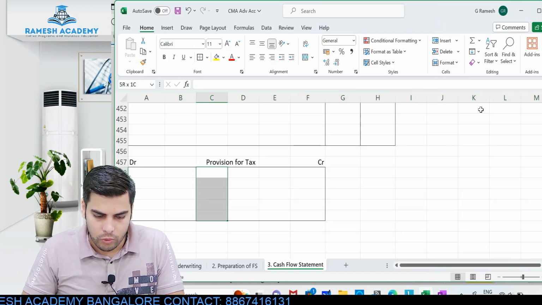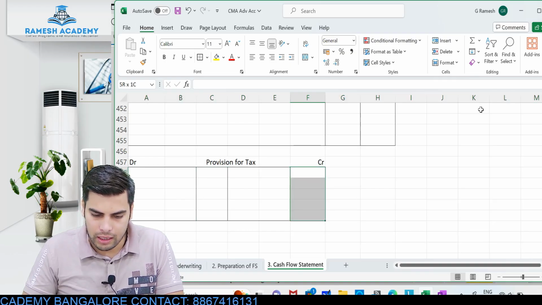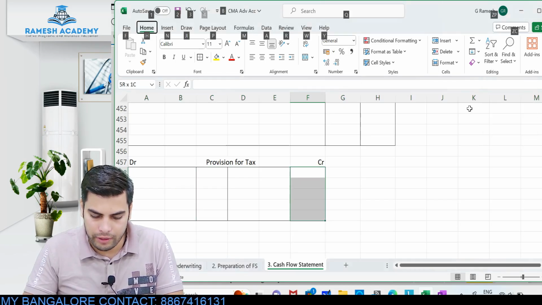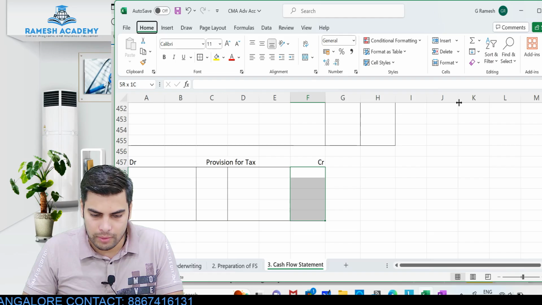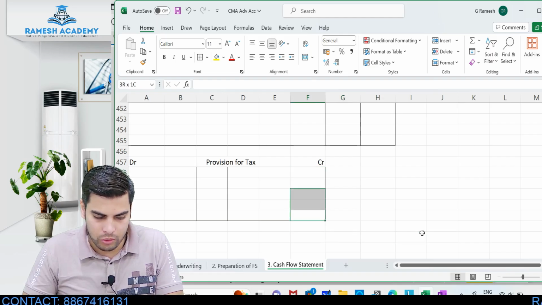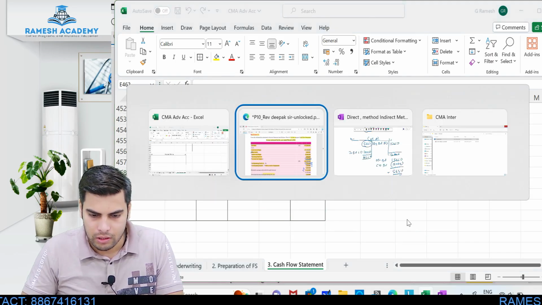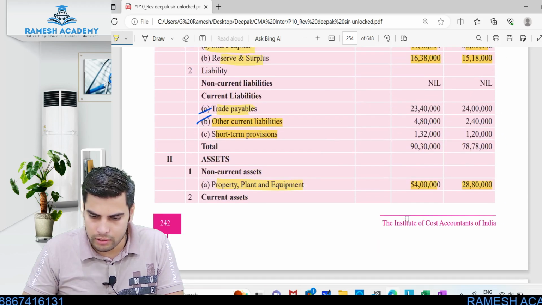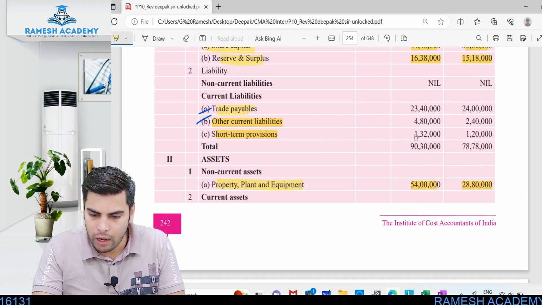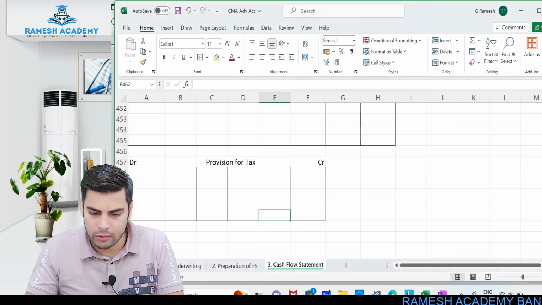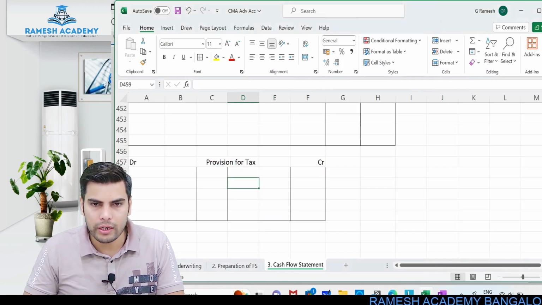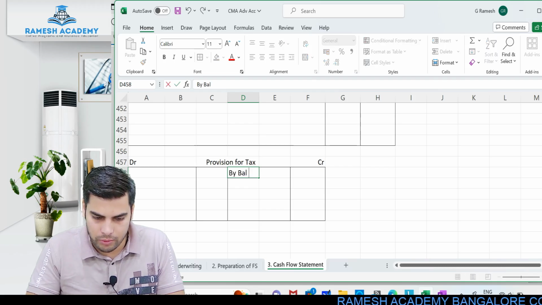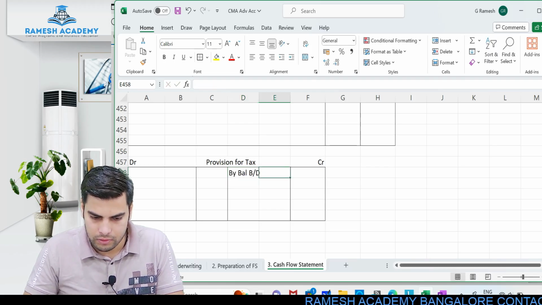When it comes to provision for tax, under the short term provision they had given the opening balance and closing balance. What was the opening and closing balance? Refer to this. Here, short term provision, if you see, 1,32,000 and 1,20,000. Any provision will be showing a credit balance, right? So balance brought down is 1,20,000.